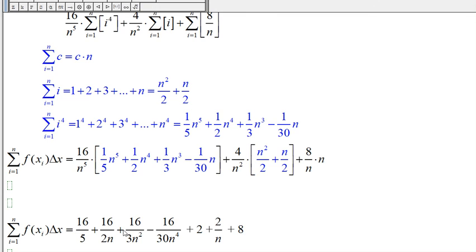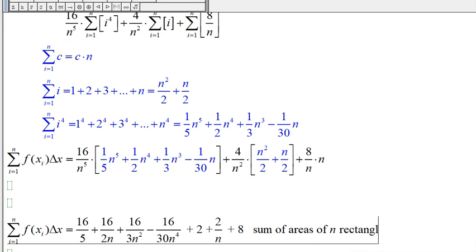And so this is the sum of the areas of n rectangles. If n is 5, then this will be the sum of areas of 5 rectangles. If n is 100, then this will be the sum of areas of 100 rectangles, and so on.